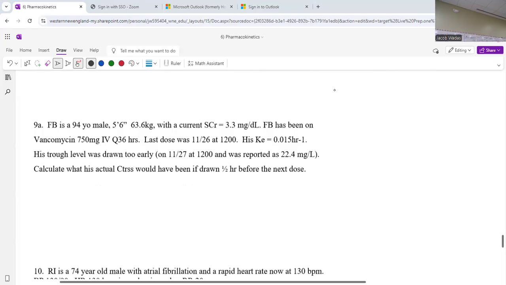His KE equals 0.015. His trough level was drawn too early on 11/27 at 1200 and was reported at 22.4 milligrams per liter. Calculate what his actual trough would be if it had been drawn half an hour before the next dose.